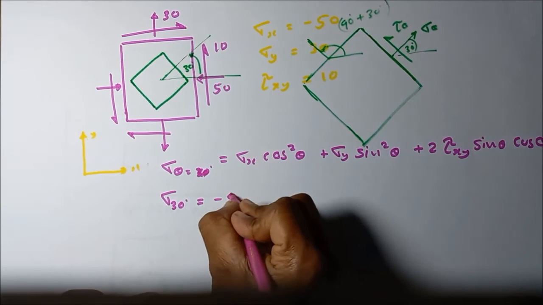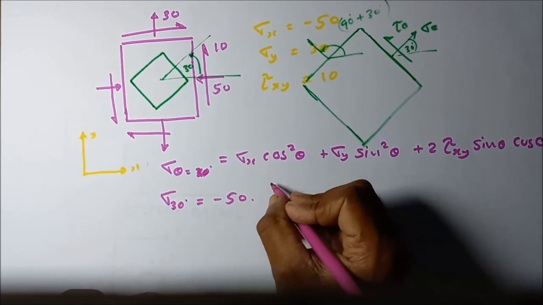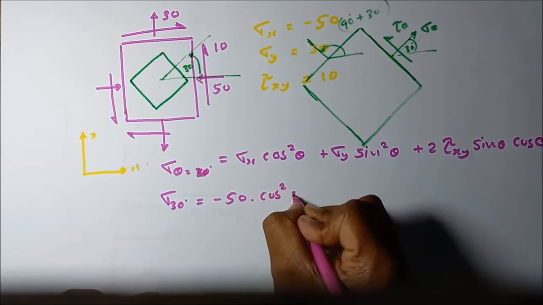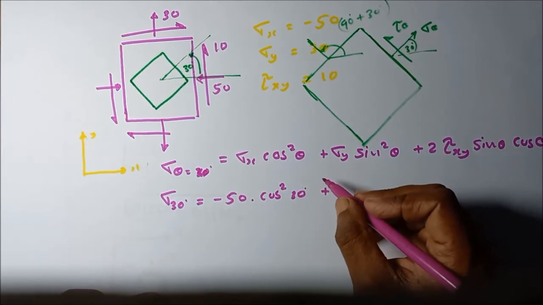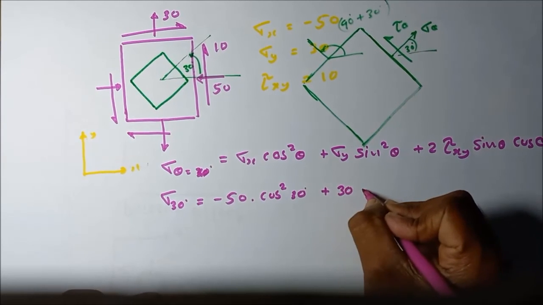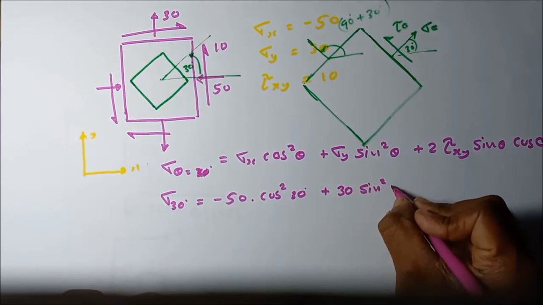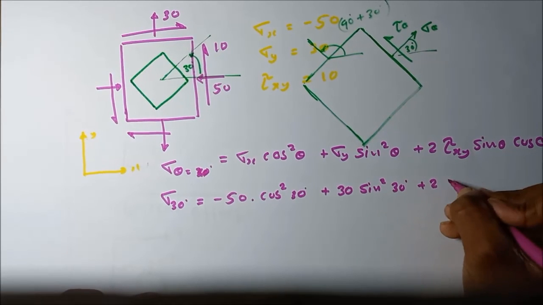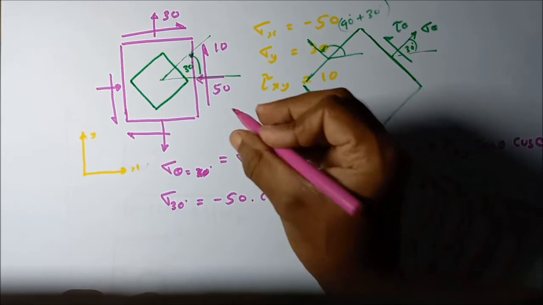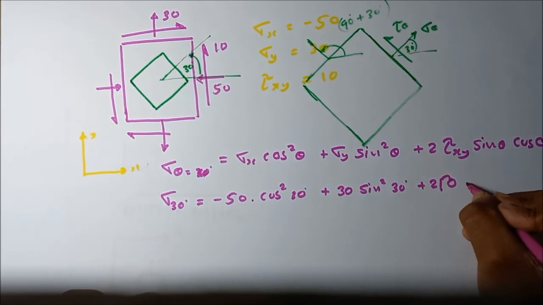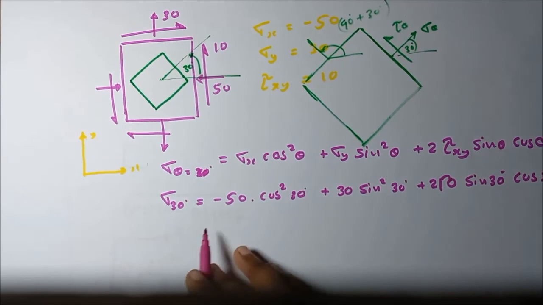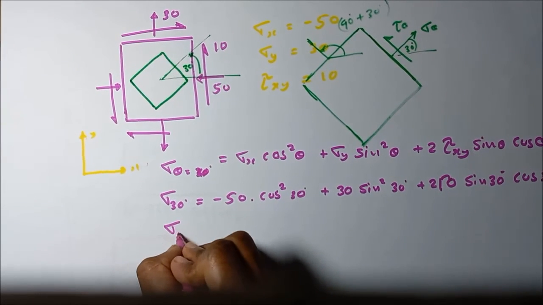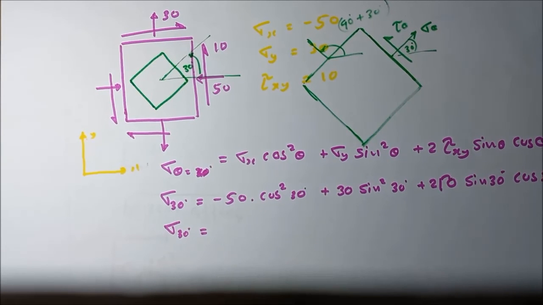Minus 50. With the sign you have to substitute the values. Cos square 30° plus sigma y, which is 30, sin square 30° plus 2 tau xy, which is 10, sin 30 and cos 30°. By solving this equation we can calculate sigma 30°.